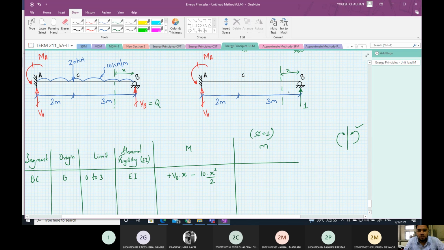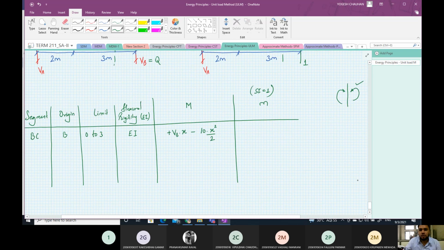Suppose you have a beam with degree of static indeterminacy as 2, so you will have to choose two redundants. I will show you the example later on.